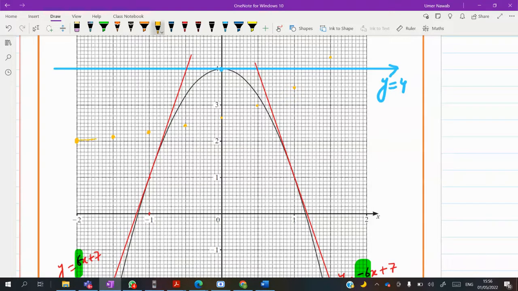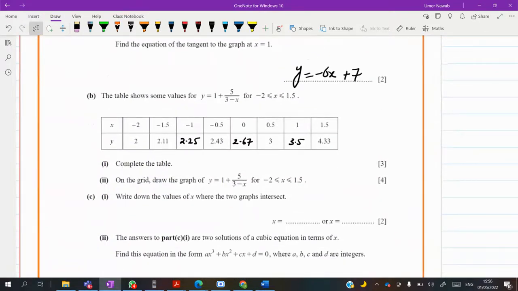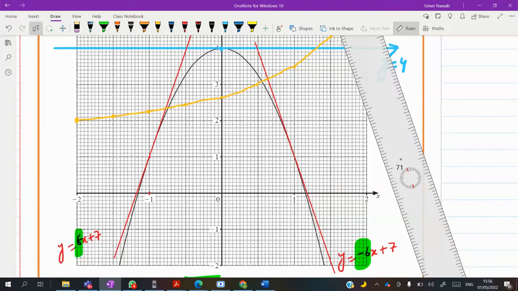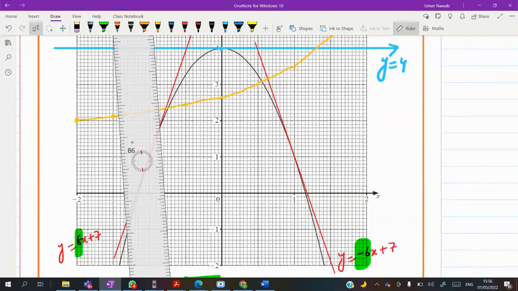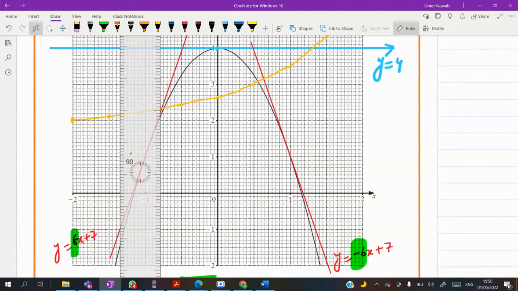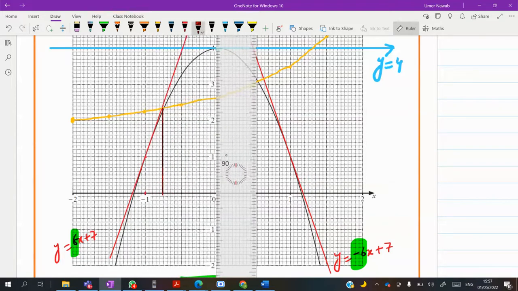So we can join them now smoothly. We get this graph. Write down the values of x where the two graphs intersect. So let's check where the two graphs intersect. A ruler is very helpful in this case. So the golden line and the black graph, they are intersecting at this point, and they're intersecting at this point.